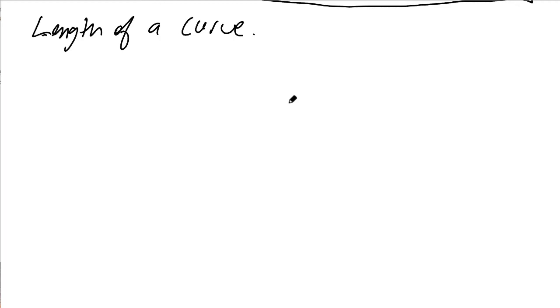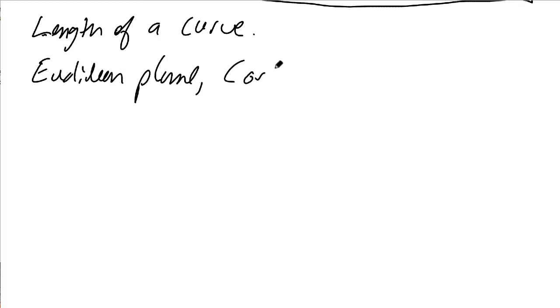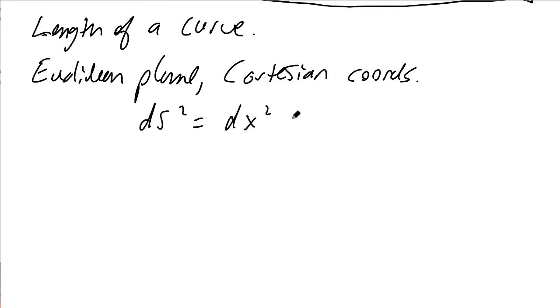So let me give you a very simple example. Let's go back to the Euclidean plane with our Cartesian coordinates. So we know the line element looks like ds squared equals dx squared plus dy squared.